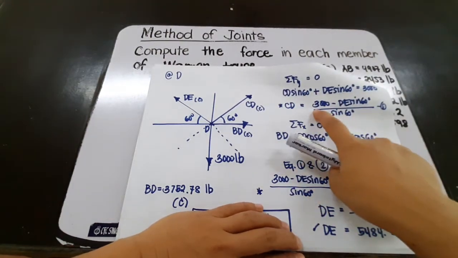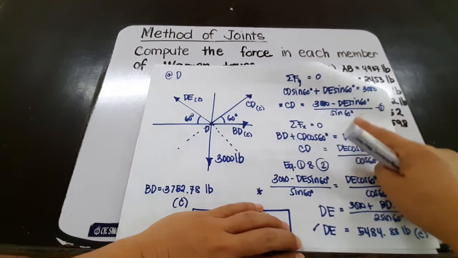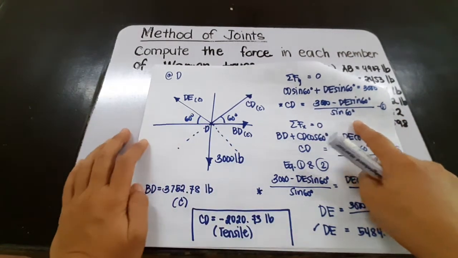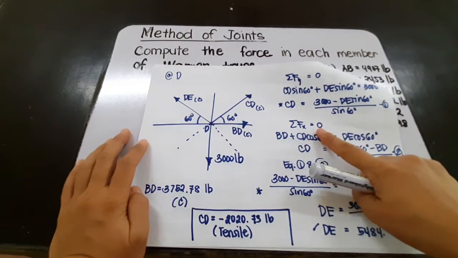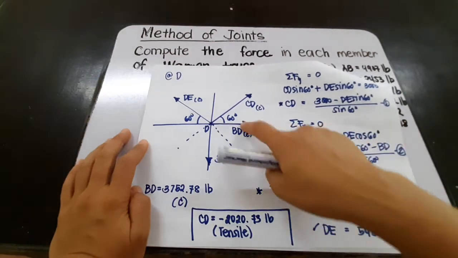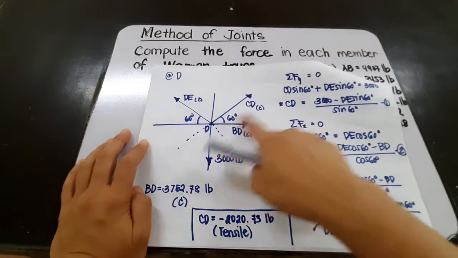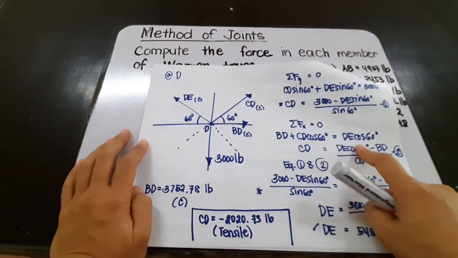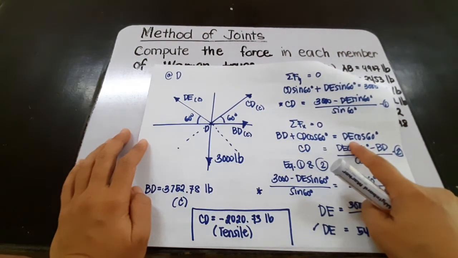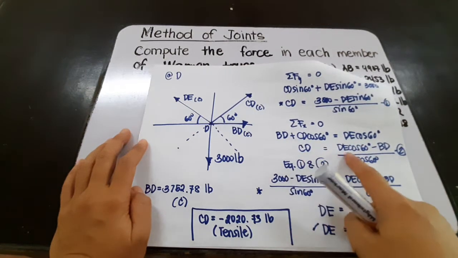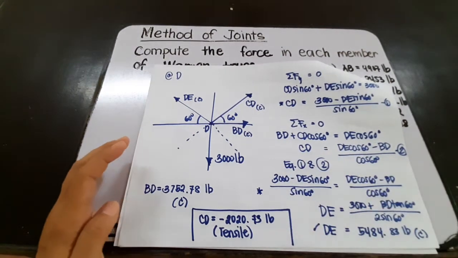Okay, solving for this, we take the summation of all the forces Y, and now we can solve for CD, which is equal to 3,000 minus DE sine 60 over sine 60. The summation of all forces along the x-axis should be equal to 0, and we have three forces. So BD plus CD cosine 60 is equal to the left force, which is DE cosine 60, and so CD is equal to DE cosine 60 minus BD.